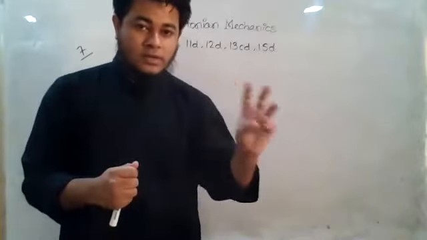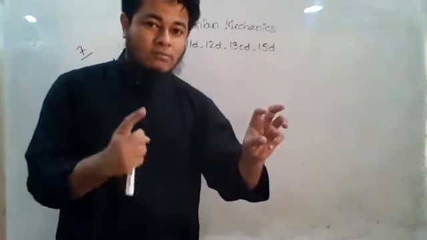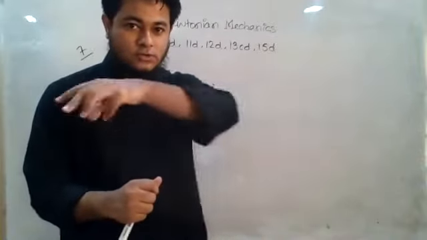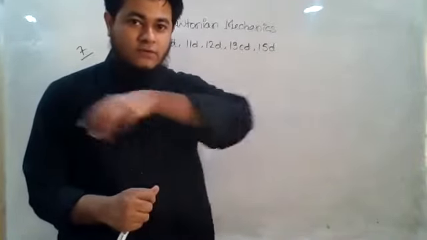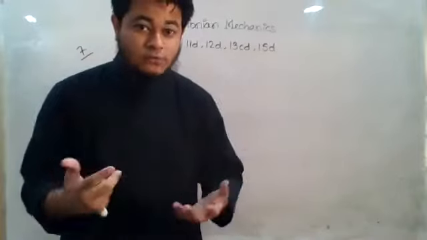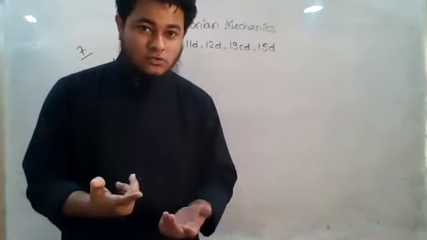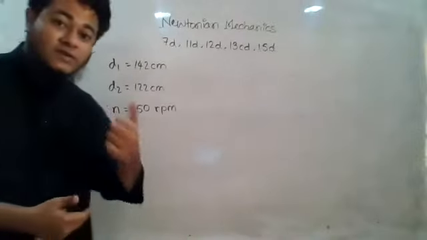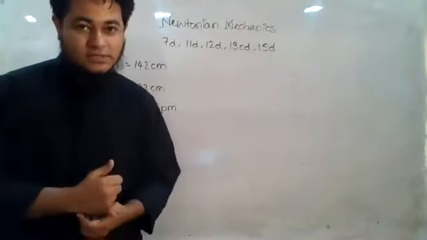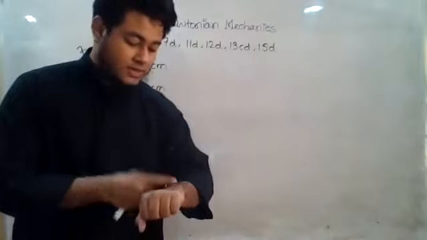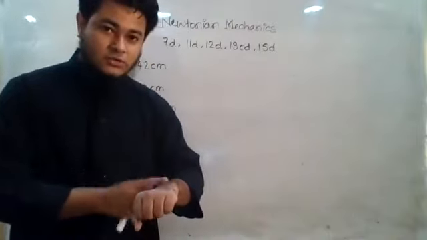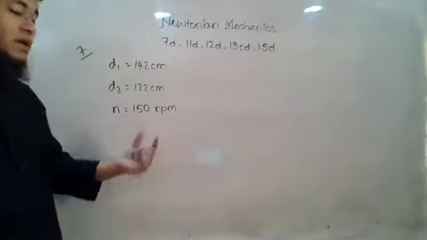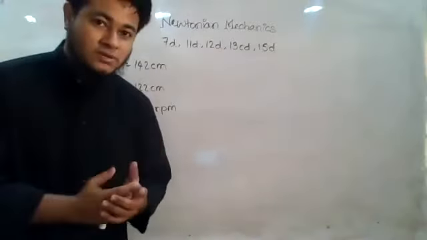Now I am counting in 1 minute how many times it rotates. 1, 2, 3, 4. Likewise, I can count in 1 minute how many times it rotates, right? So in case of the fan, it is given 150 times it will rotate in a minute. That means if you start counting 1 second, 2 seconds, 3 seconds, in 60 seconds how many rotations will it complete? 150 rotations. This is what it means.